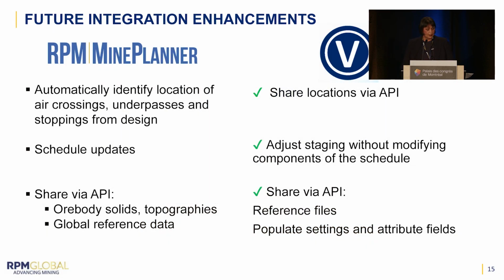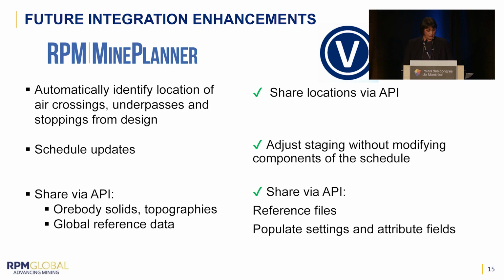In MinePlanner, we are currently working on automatically identifying the location of air crossings, underpasses and stoppings from the design. Users will also be able to remove or modify their auto-generated components, as well as insert new components. Once this feature in MinePlanner is complete, we plan to share this information with Ventsim as well via the API.